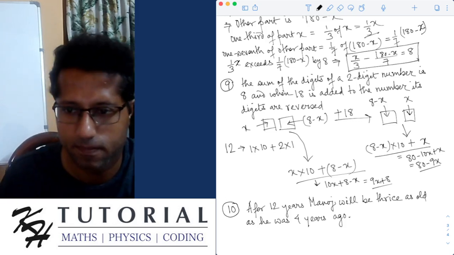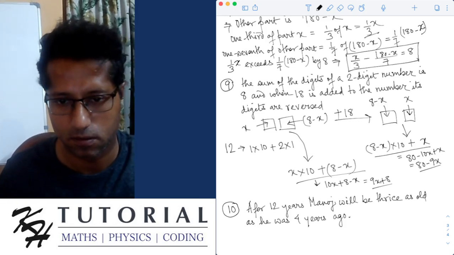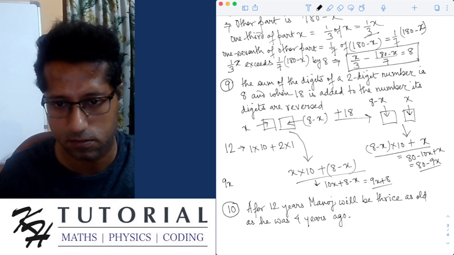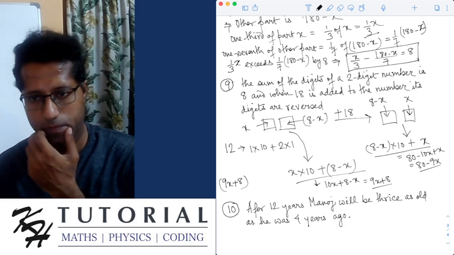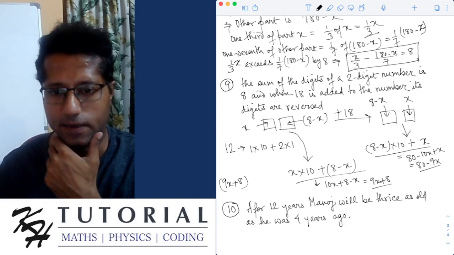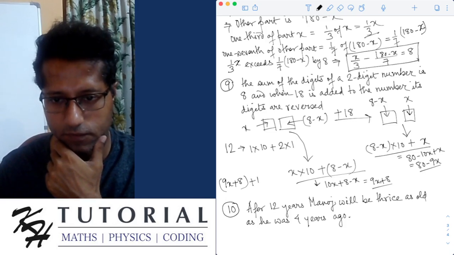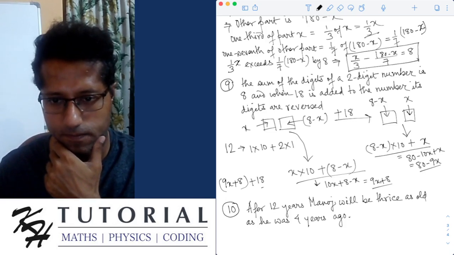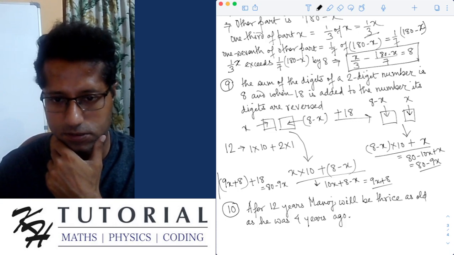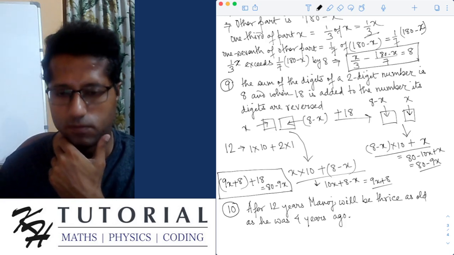So we can say that 9x plus 8 was the number before we added 18. So when we added 18, we got the number 80 minus 9x. So hence this is the linear equation that we have formed.